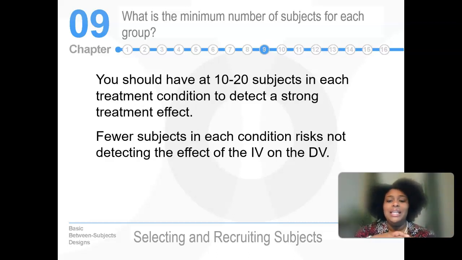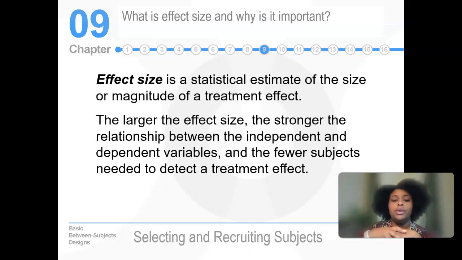Fewer subjects in each condition risk not detecting the effects of the IV on the DV because we are limiting the number of observations to see whether that effect is going to occur.